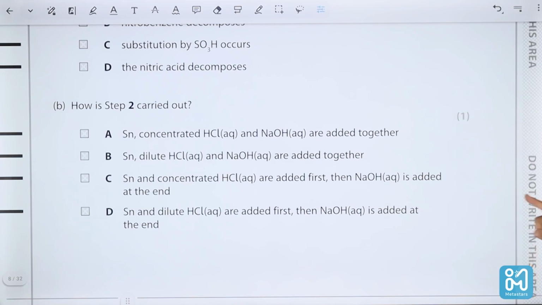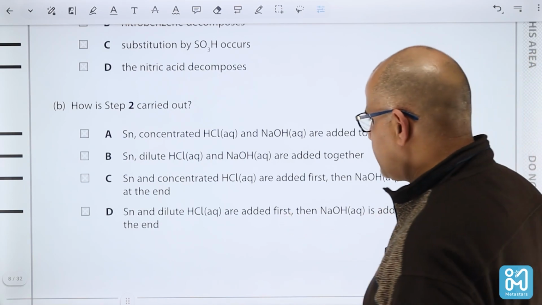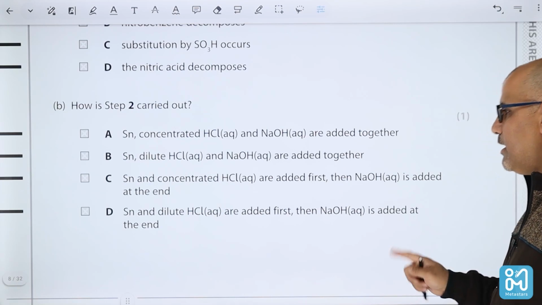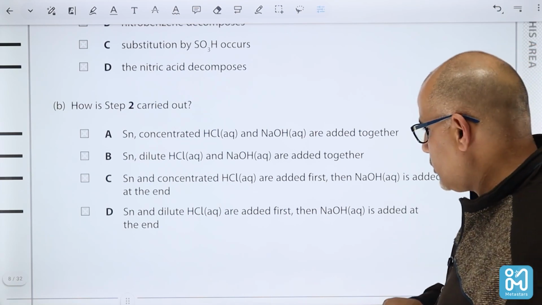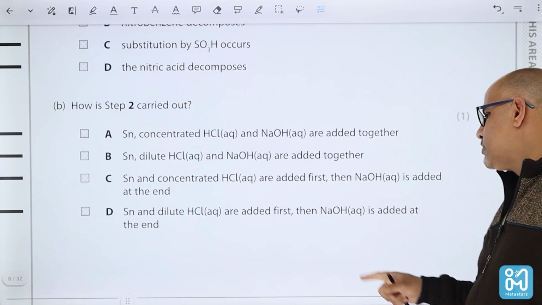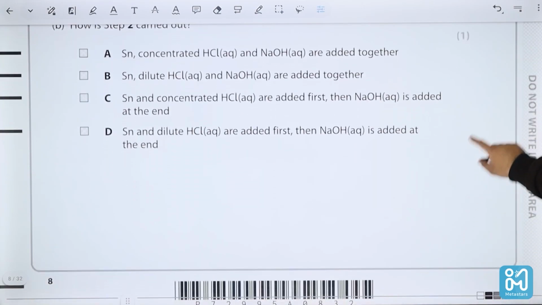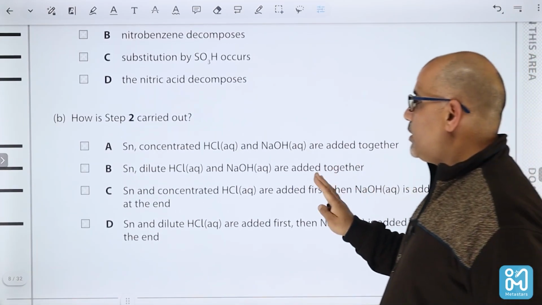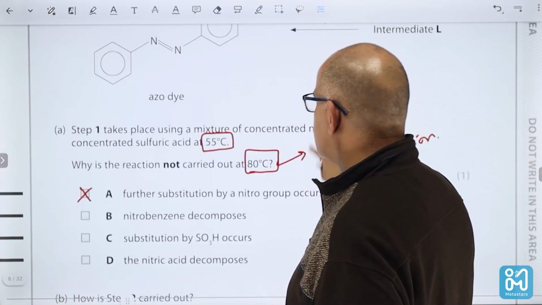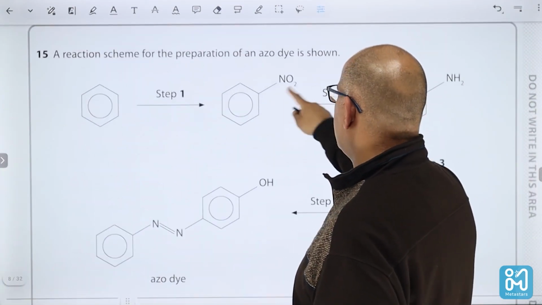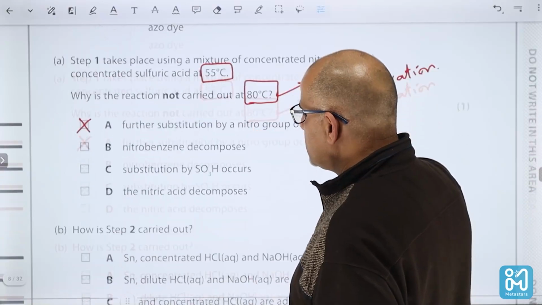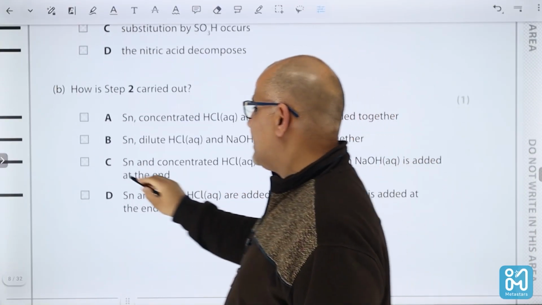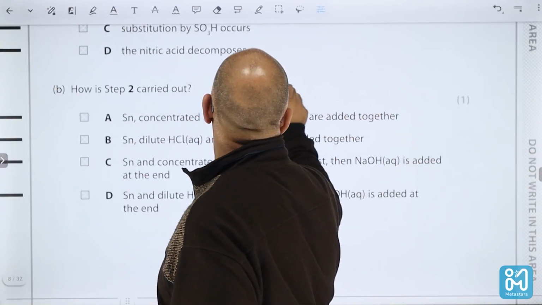It is Sn in the presence of dilute hydrochloric acid added first, then sodium hydroxide added at the end. Here you shall memorize the conditions for step 2 after nitration. So the correct answer is C.